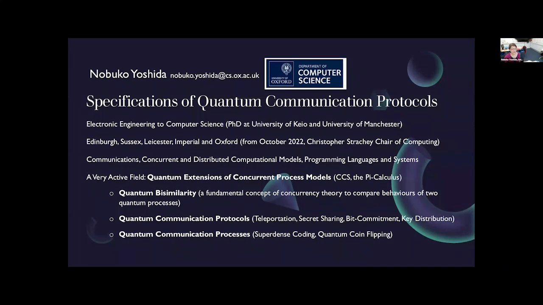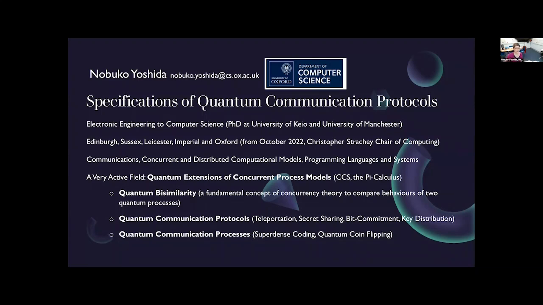Also, quantum communication protocols mentioned by the first pitch talk, for example cryptographic protocols such as teleportation, secret sharing, bit commitment, and key distribution, can be verified by the theory of concurrent processes.